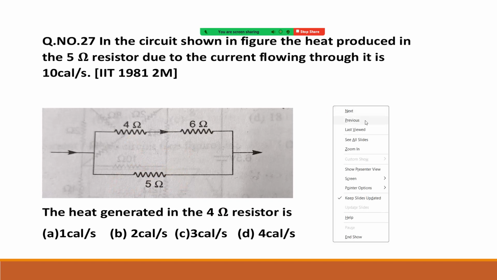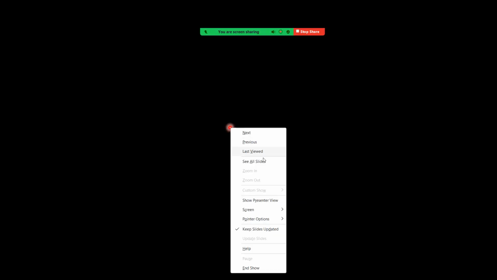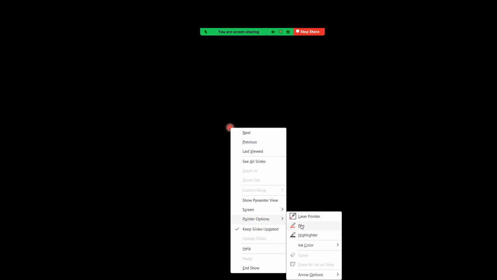Right, let us see. Let's take the diagram given. Given that 4 ohm, 6 ohm. This is now 5 ohm.